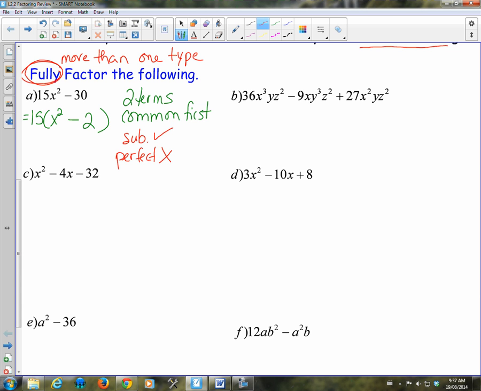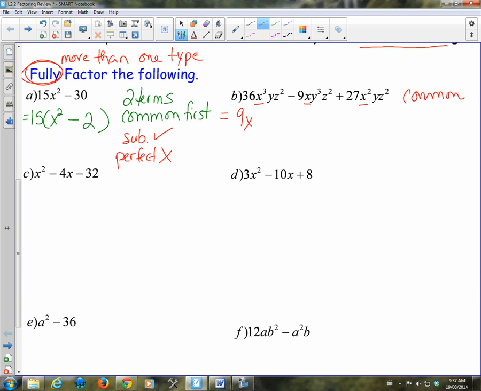So first thing we're going to do is try to common factor. I look at all my terms, 36, 9, and 27. Start with the numbers. Common factor should be 9 for all those numbers. Then I look at the letters. I have an x cubed, an x, and an x squared. Lowest exponent is always the common factor.